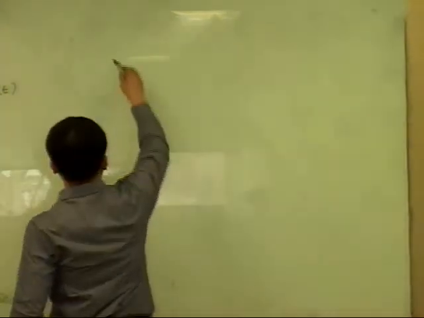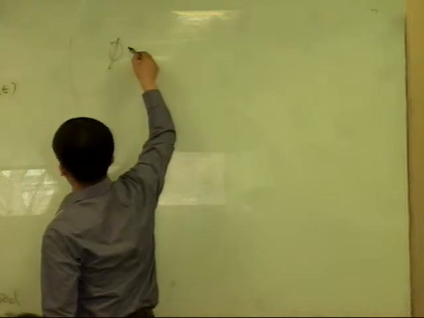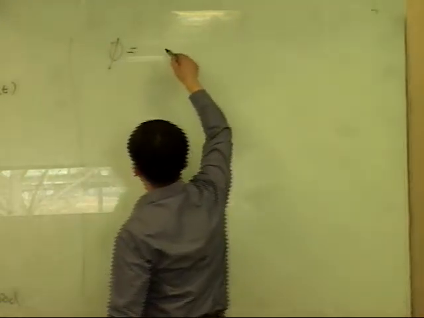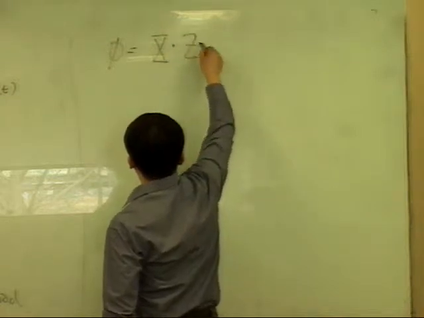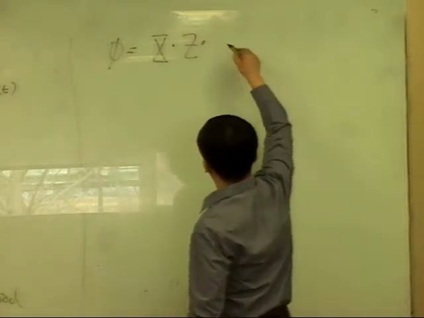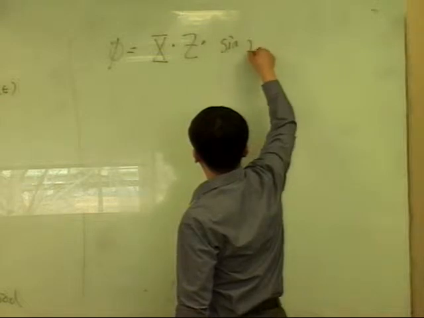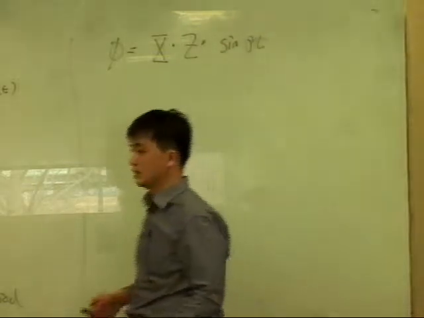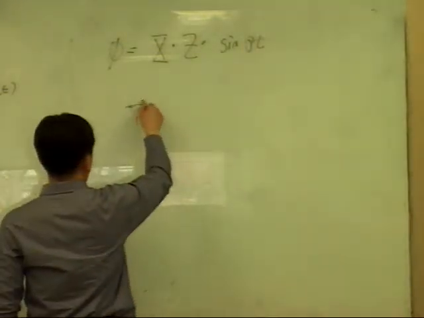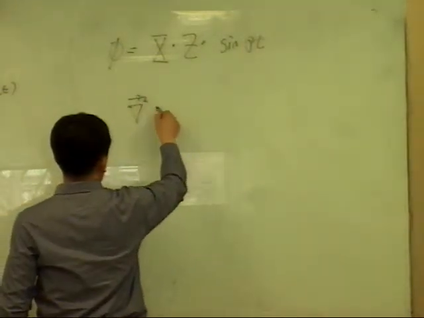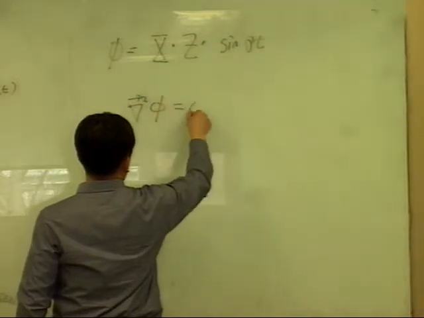So then our potential function becomes X, G, multiplied by sine sigma t. Right? And this is our governing equation, the Laplace equation.